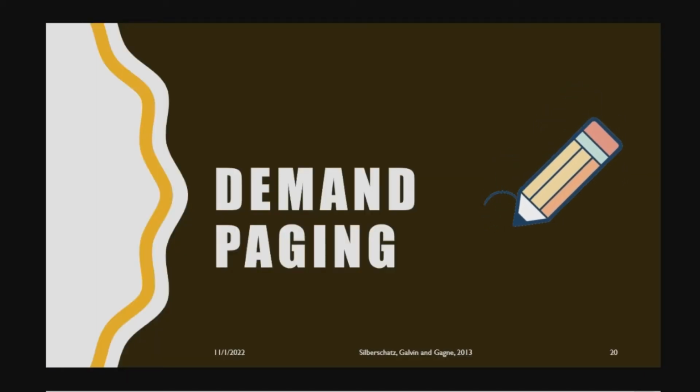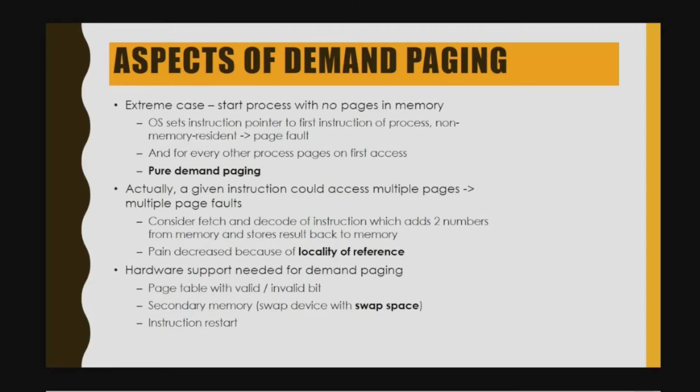Next is about demand paging. So in the aspects of demand paging, we have the extreme case where we start a process with no pages in memory. So that is the extreme case. The operating system sets the instruction pointer to the first instruction of the process, and since it is non-memory resident, it goes to a page fault. If there is no memory resident page, then we get a page fault.